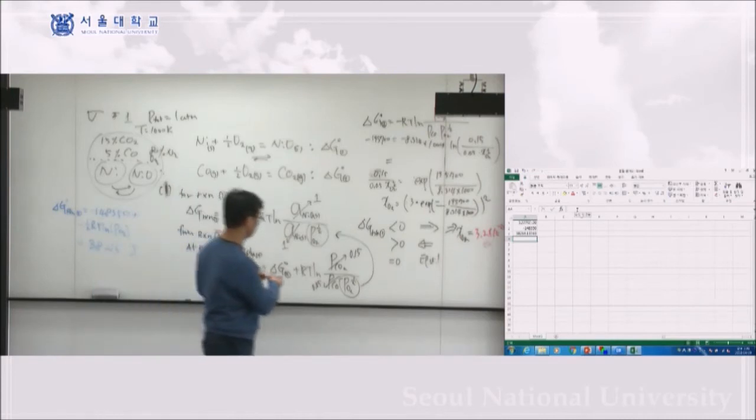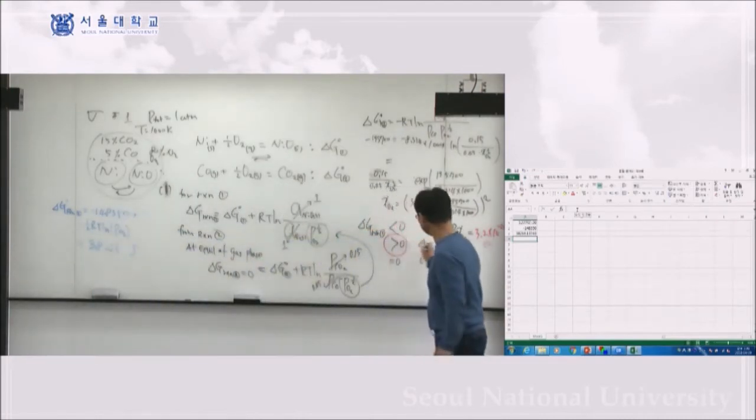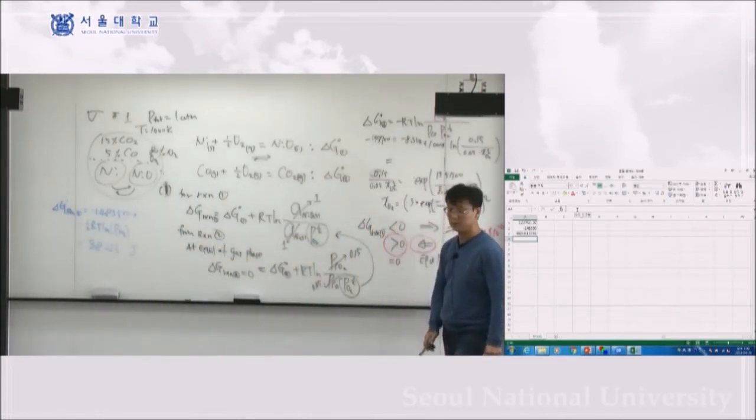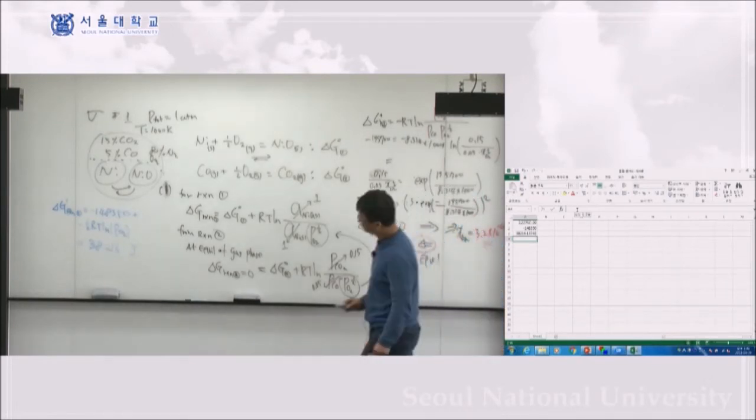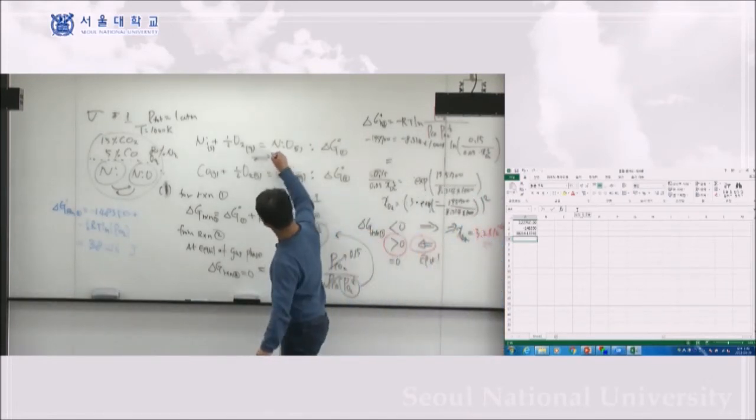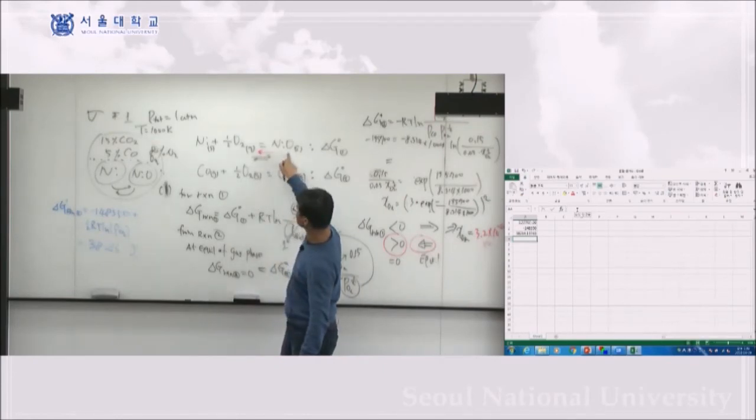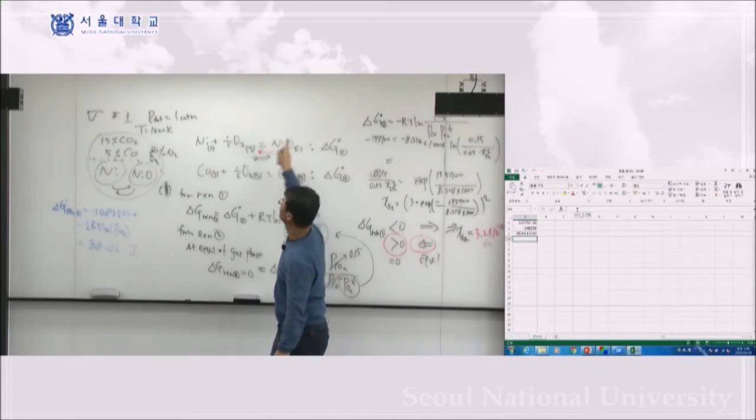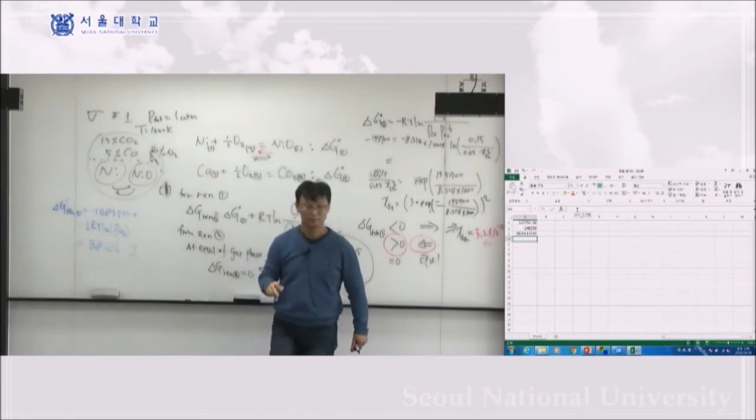So in this case, it means the reaction goes backward. Is it okay? This is a very standard question you're going to see in your midterm, number 1. So it means now it's going this way. It means nickel oxide is not produced. Nickel oxide will be reduced to nickel metal. Is it okay?